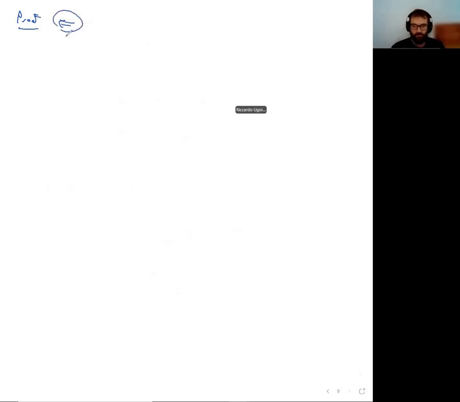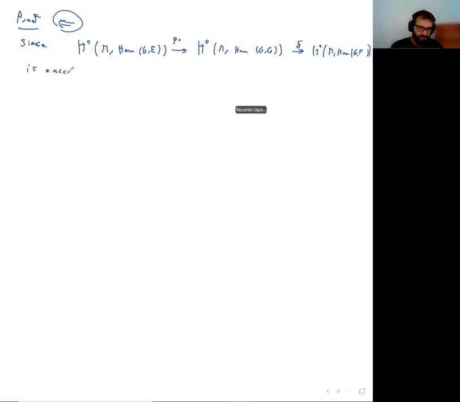So let's start in this direction. We assume that the thing is 0. So we know that the sequence is exact: Hom(G, E) with precomposition by beta to H0(M, Hom(G, G)), and here we have our delta map to H1(M, Hom(G, F)). It's exact.